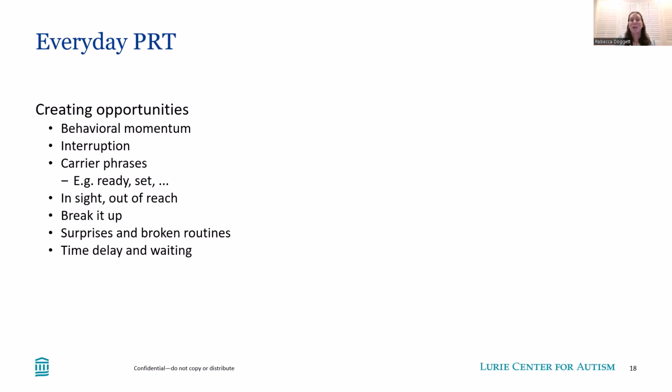And they're really great because you can say ready, set, and then leave a pause for the child to respond where we would expect them to say go. So these are called carrier phrases because they indicate a response or a next word in that set. So these ready, set, goes or 1, 2, 3s are great ways for expecting a response.